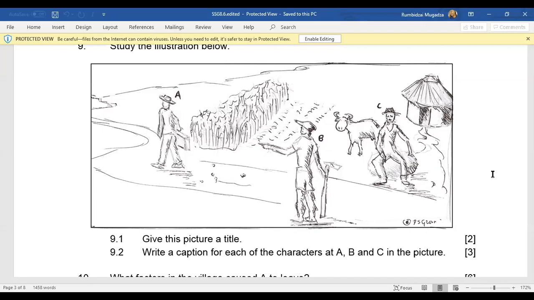Huh? But we are in geo. Others, which title would you give to the picture? Land grazing, from Lisedi. Okay.